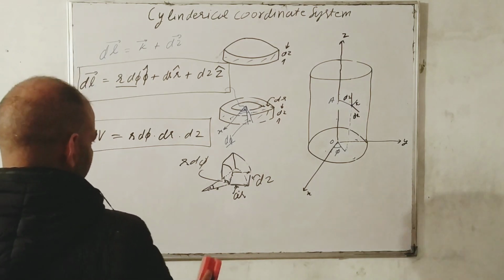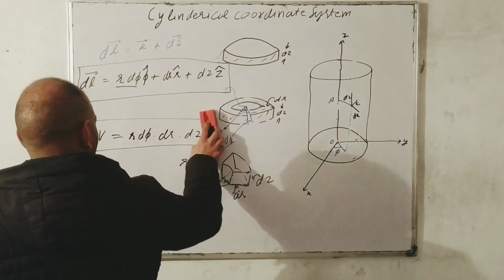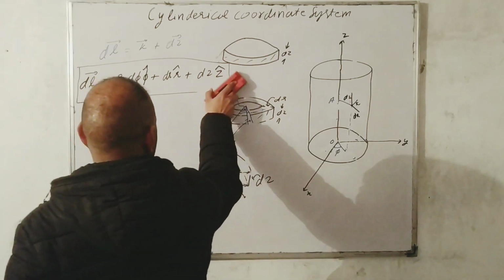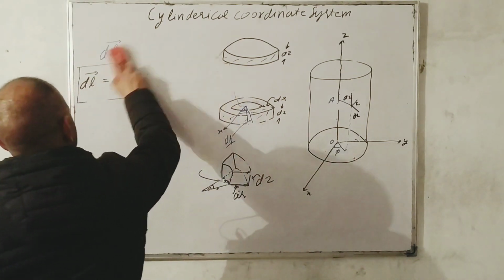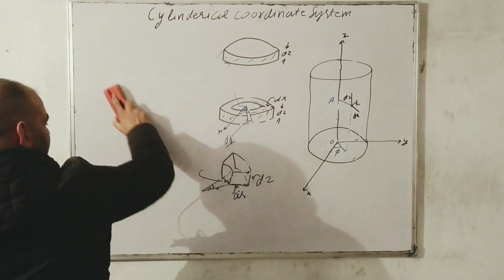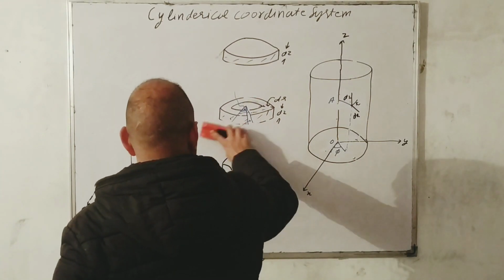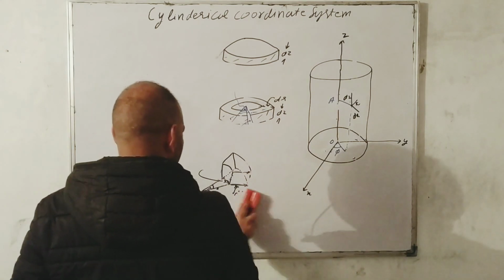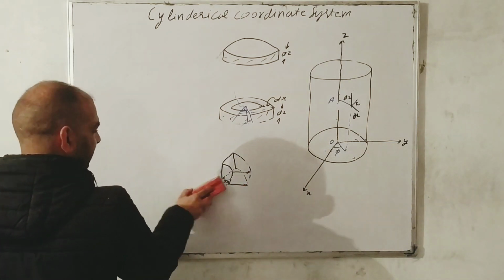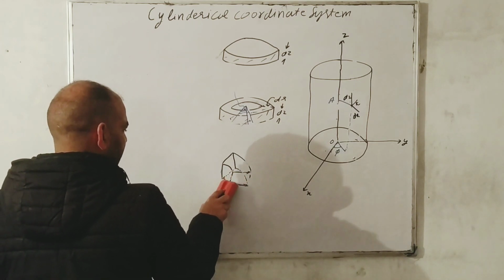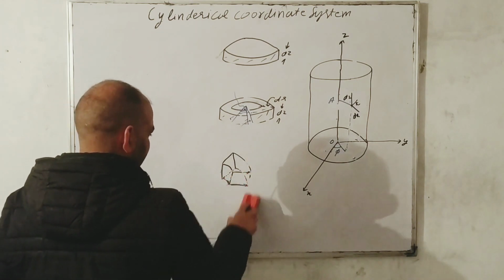Next, we will find area elements in the cylindrical coordinate system. So how will we do that? As I told you in the previous video, if we are finding the area element along one direction, then it will be perpendicular to the other two directions.